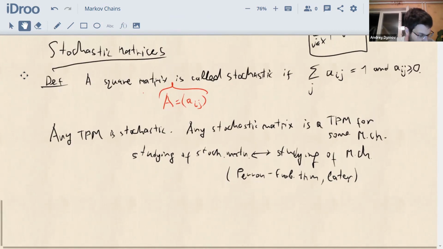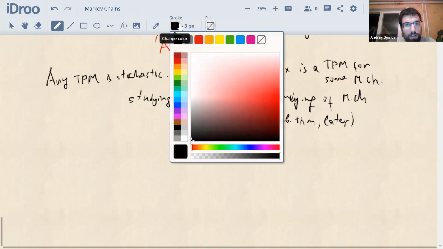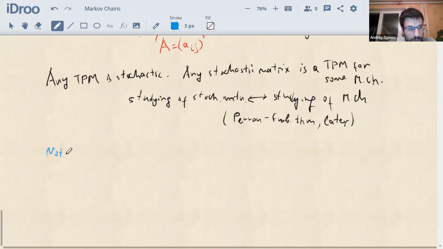I will leave them as exercises. I will need some notation.